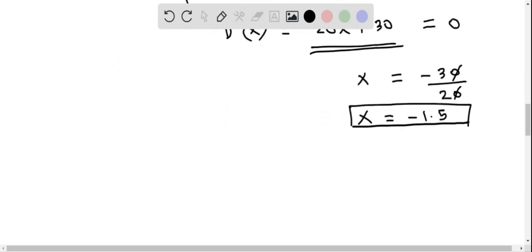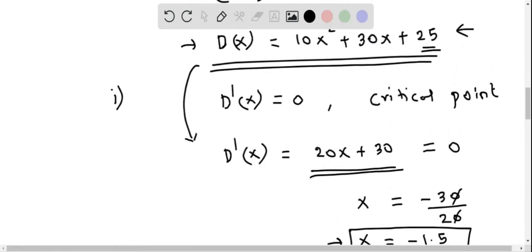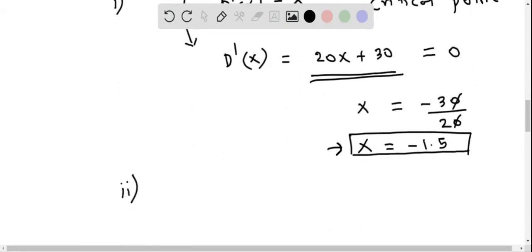So in this next step, we have to identify whether this critical point, that is this value of x, gives the maximum or minimum value. For that, we need to find the second derivative and substitute this x into it. So let me find the second derivative. I differentiate this d prime of x one more time.